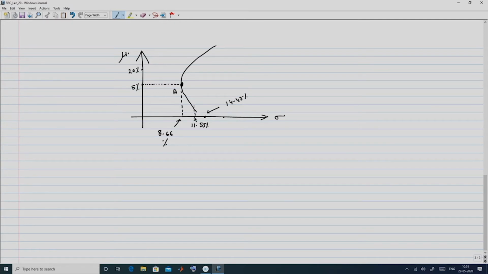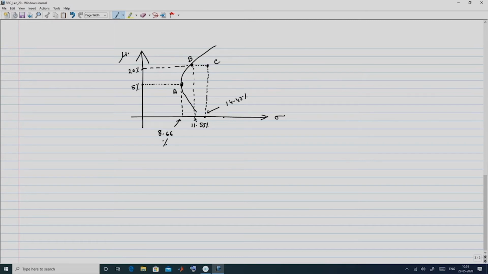So, I take this 11.55% here, and the corresponding mu to it will be 20%. So, mu 20% and sigma 11.55%, this is going to be portfolio B, and the portfolio C is again going to be 20% value for mu with 14.43% for sigma. So, this is going to be my portfolio C.